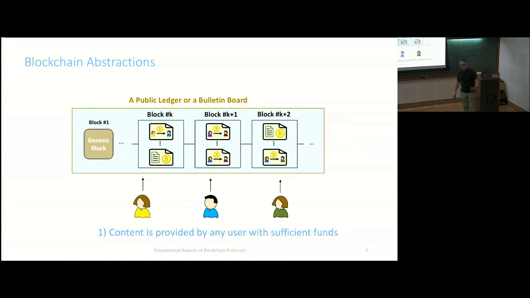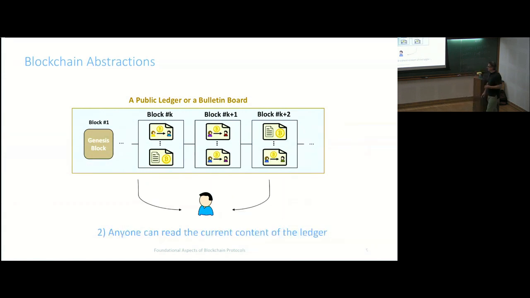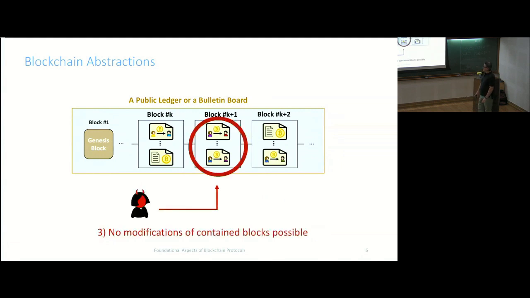You have to have enough funds to be able to do the transfer. And this is open, unless you add some additional technology on top, which you probably talk about enhancing privacy and so forth. But so far, Bitcoin at least is open. And it's immutable in the sense that under certain conditions, an adversary should not be able to modify contents.